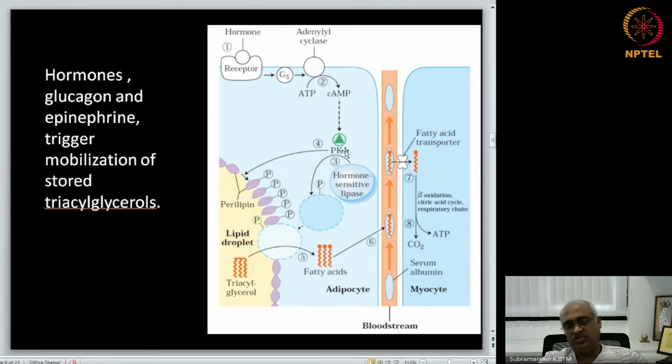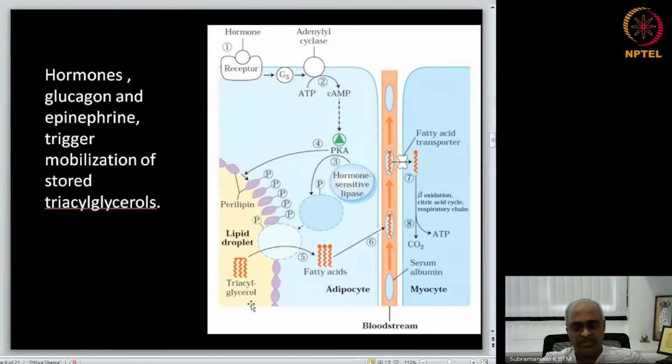And once this protein kinase becomes active, it goes and phosphorylates a lipase. It is called a hormone-sensitive lipase simply because only when the hormone is there, it's going to become active. And this is going to bind to this lipid droplet.